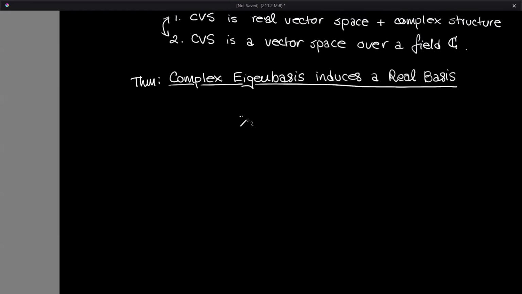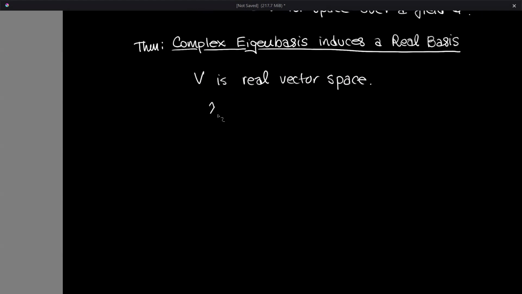let's say that lambda j. So we're now talking about, let me back up a little bit and set things up. So V is a real vector space. We have L. Well, let's rewrite it.